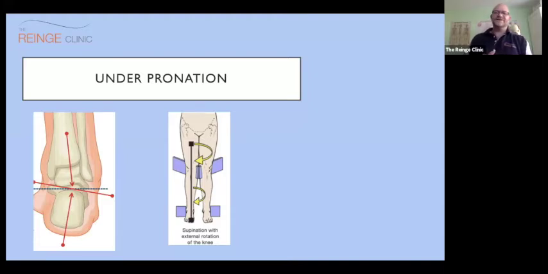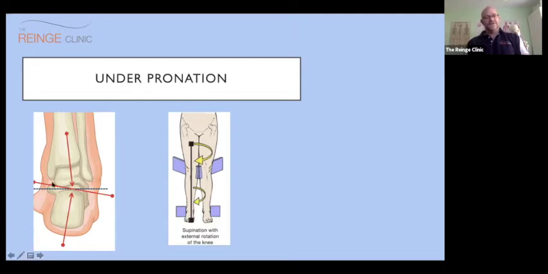And we'll be trying to use the adductors to twist in. So we're actually more likely to do a groin strain or something unpleasant, especially if we're running off-road and our foot slips a little bit, pushing up a hill. So if you find you're subject to groin strains or even groin pain when you run, this could well be your problem. It has the opposite effect of what we saw in the overpronation.